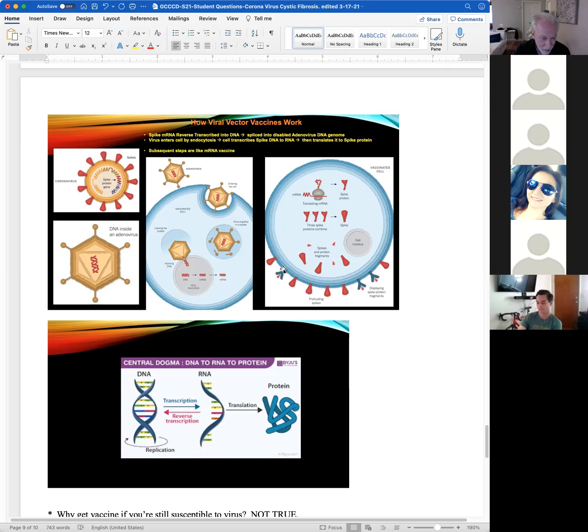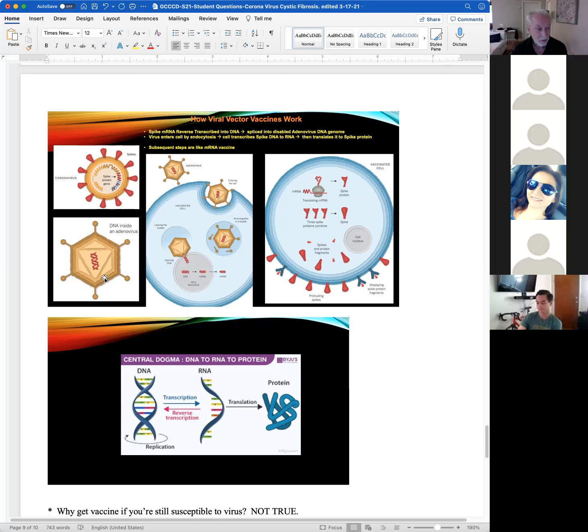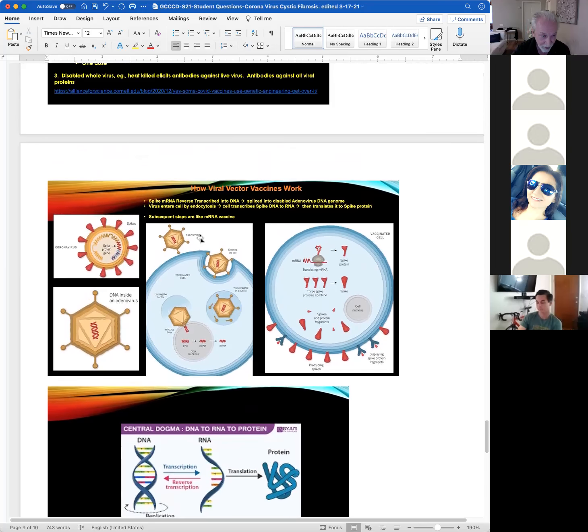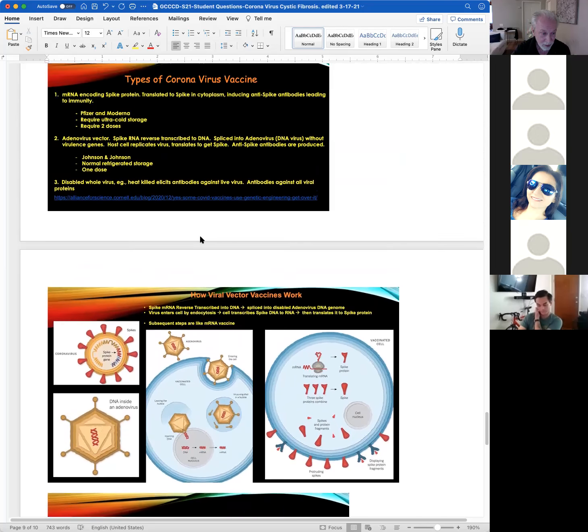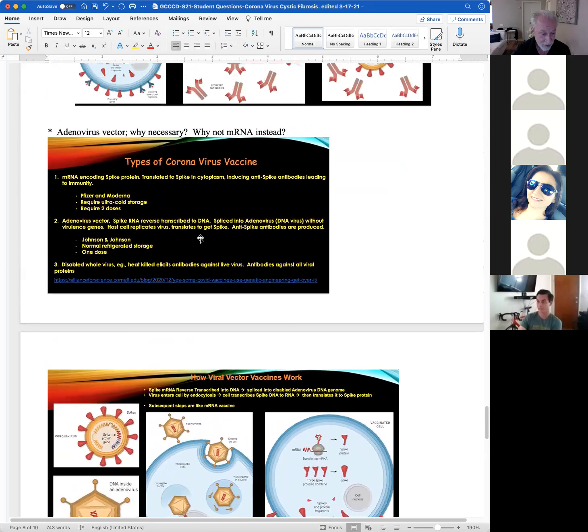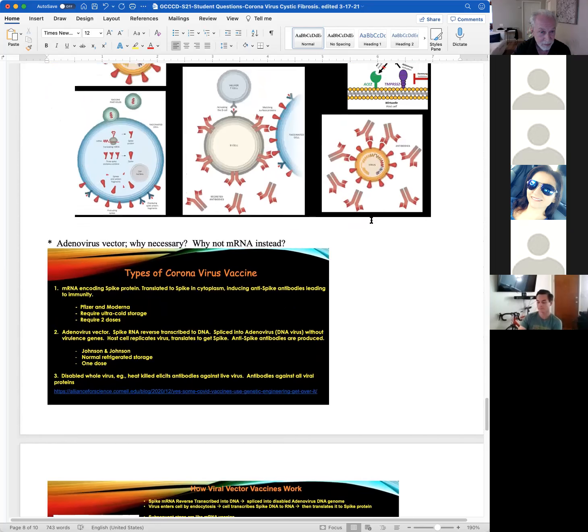So the thing to remember here is that there is this enzyme called reverse transcriptase, which can be used in the lab to convert RNA to DNA, and that makes it compatible with a DNA viral vector. So are there any questions about the differences between the two types of vaccine, how they're produced, what the principle is?